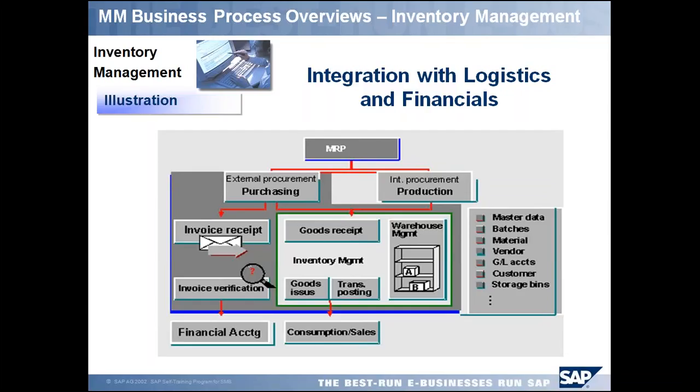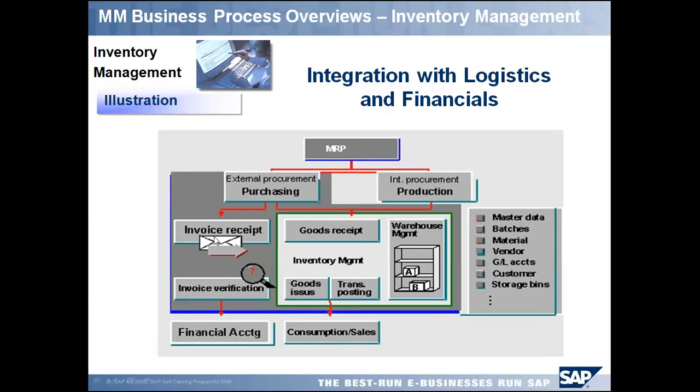Here, we may do two things: we may sell these products or we may consume them for our own process. Both are possible. There are some items we consume for internal purposes and some items we may sell. So the goods issue and transfer posting is done for the case of consumption and sales.